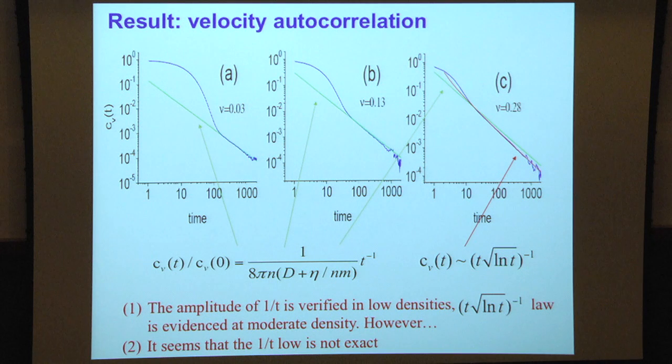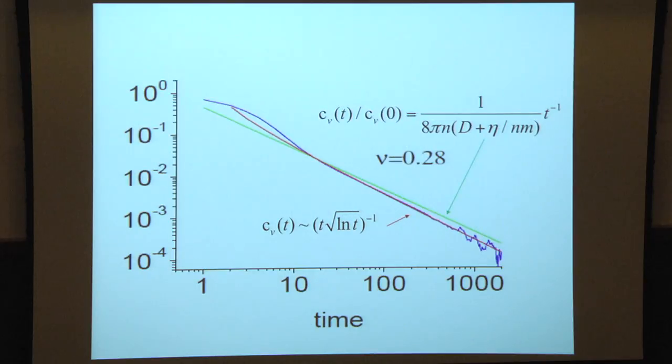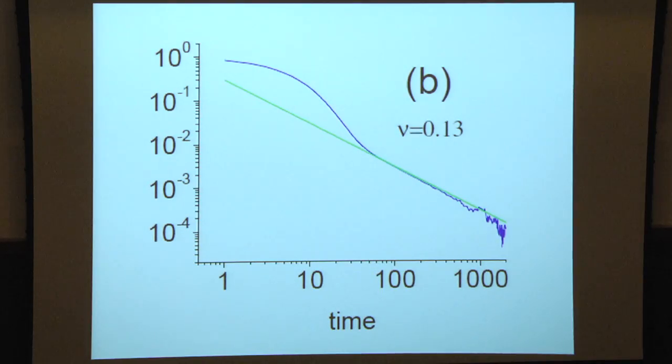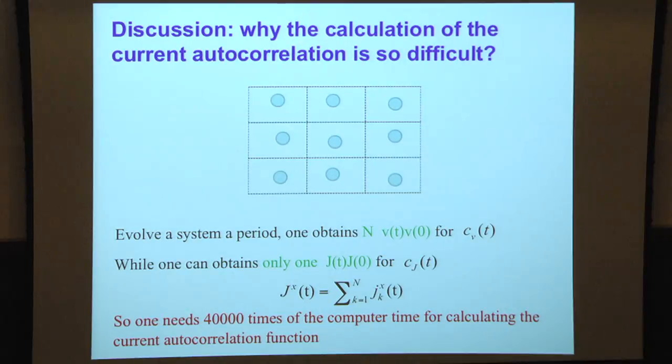Maybe we can imagine that at a very large time scale, the decay behavior will become logarithmic. So the t^(-2) law might not be exact in this model.